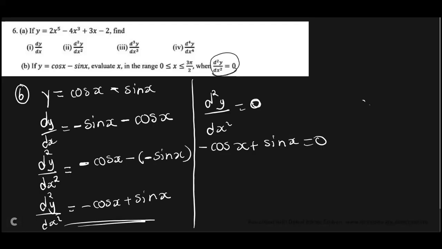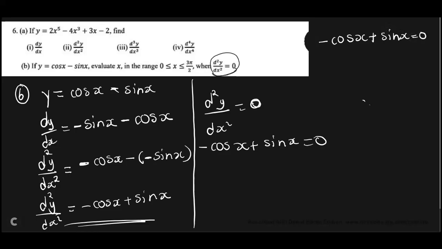From there, what you do next is solve this equation. So how do we solve that equation? Remember that it's negative cos x plus sin x equal to 0.